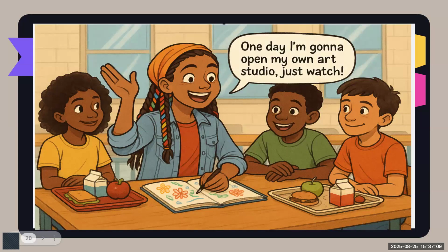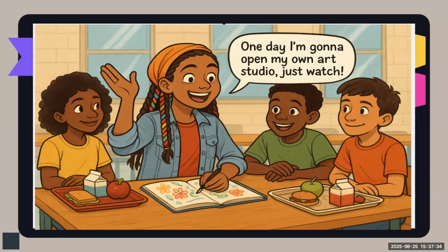Let's look at how we could see all of these things together in one story. At lunch, Marisol slid into the seat next to her friends, loudly announcing, "One day, I'm going to open my own art studio. Just watch." While she doodled in her sketchbook, she thought about how much she wanted her little brother to see that following your dreams was possible.